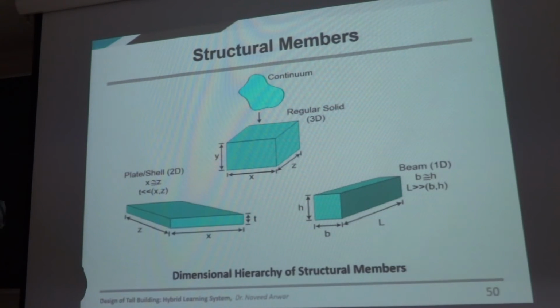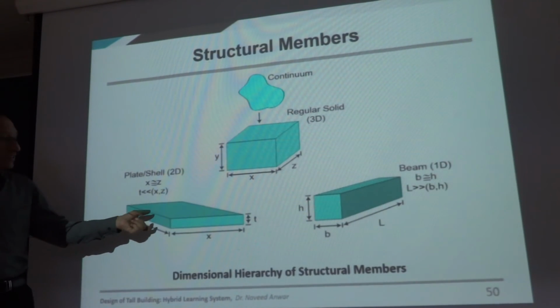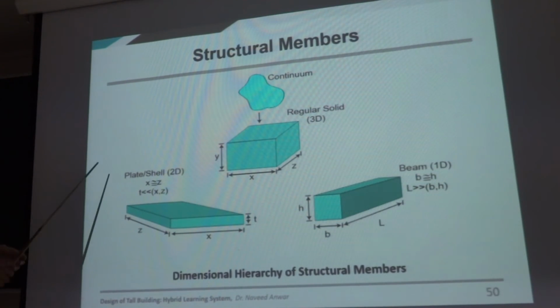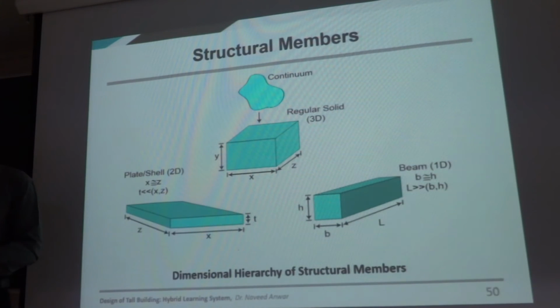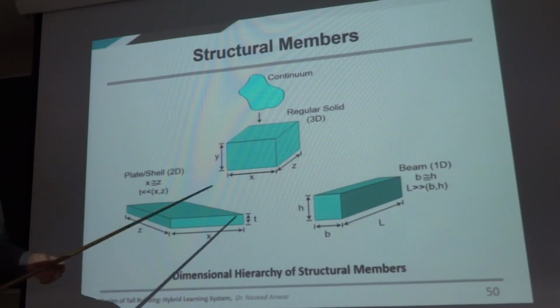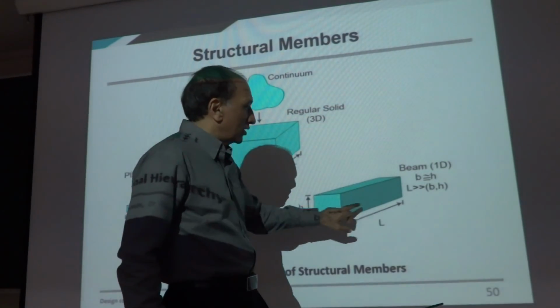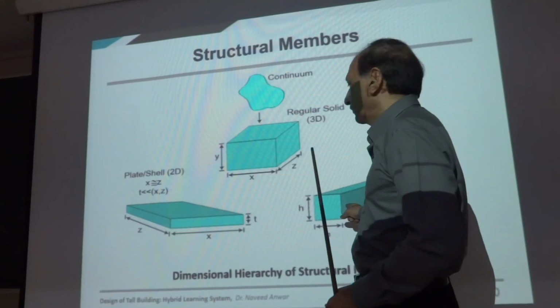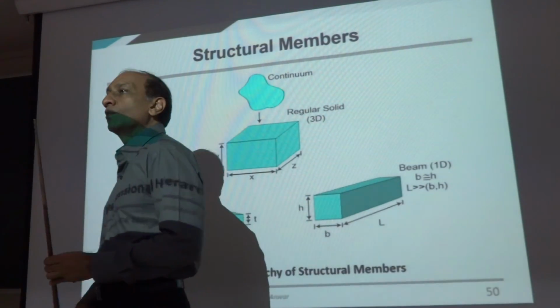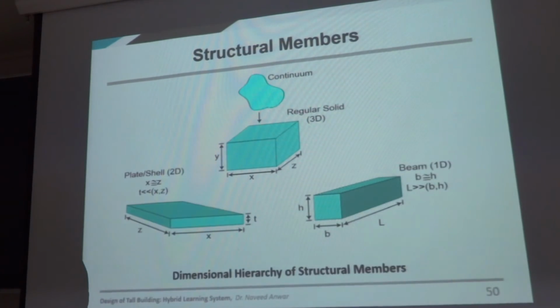using anisotropic materials and stuff like that. If one of the dimensions is very small compared to the other two, we will call it plate, shell or slab, and we will model it by a 2D element. And if two dimensions are very small compared to the third dimension, we will call it a beam or one line element. So we will only model one dimension.